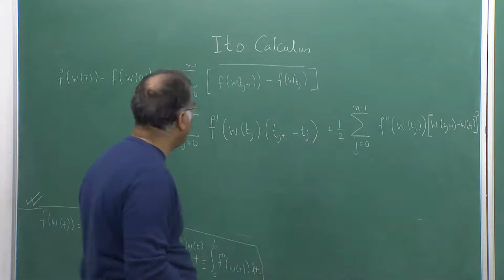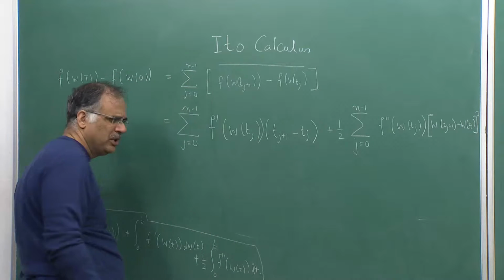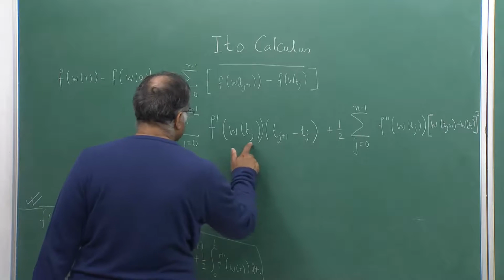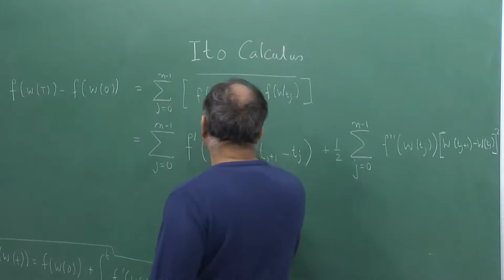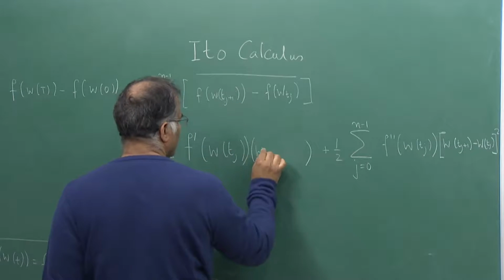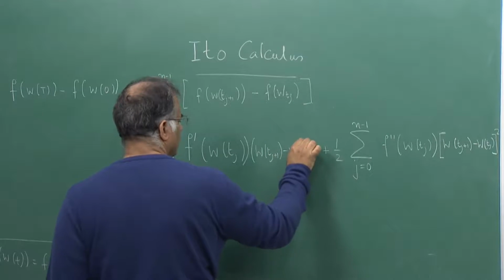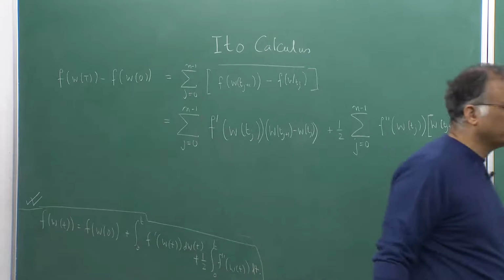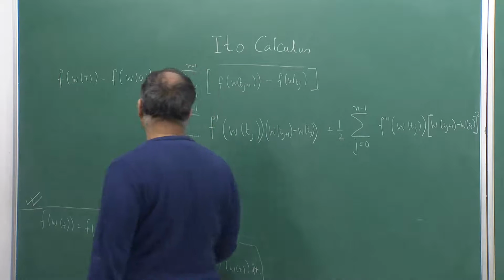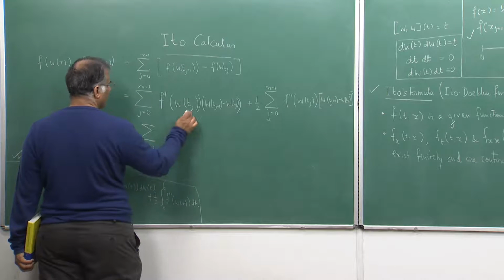Now, if I go by f dash of x, which is x, this is nothing but W_{t_j}. Sorry, I made a mistake, because this W_{t_j} is the argument of the function f now. So, that is playing the role of x_{j+1}, W_{t_{j+1}}, please correct it. Now, what is f dash of x? f dash of x is x. So, f dash of W_{t_j} is W_{t_j}. W_{t_j} is a real number, so it does not matter.